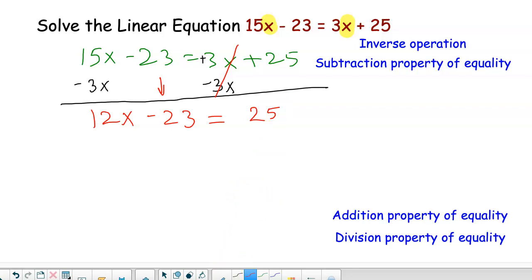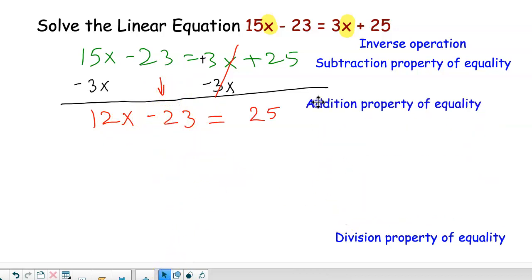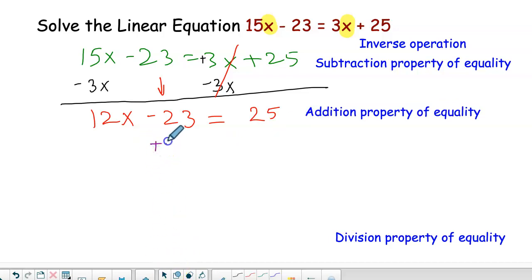So next step, let us handle this minus 23. 2x minus 23. So remove 23 from there. How do you do that? The opposite of this negative 23 is positive 23. You see, you are almost there.